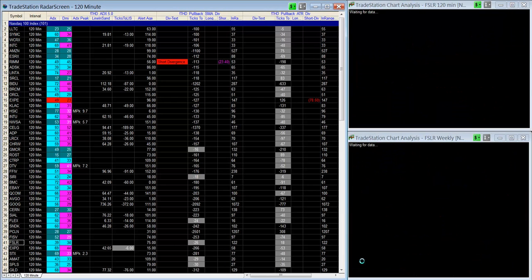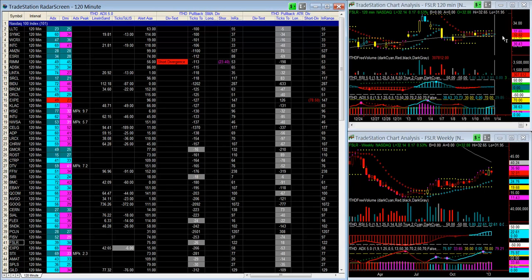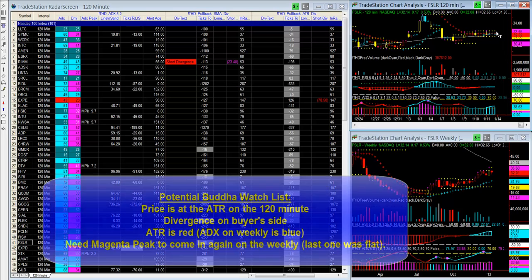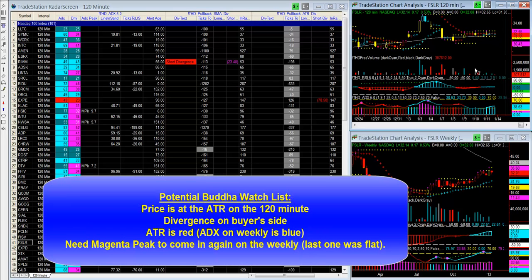The next one would be FSLR. As you can see, this one is actually closer to the slow moving average, and that is because it is a higher price stock. I would be looking at this to see if we had diverging volume on the seller side, because we are above the SMA. Now, ironically, this is one I may want to go into later if this magenta peak comes in, and the reason is we are at the ATR and the buyers are not responding.